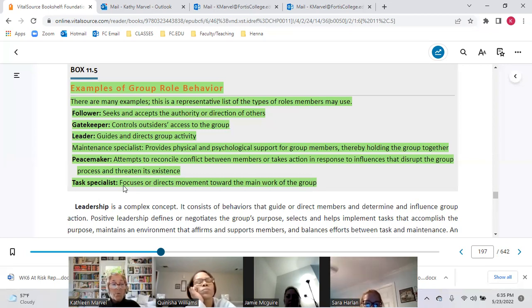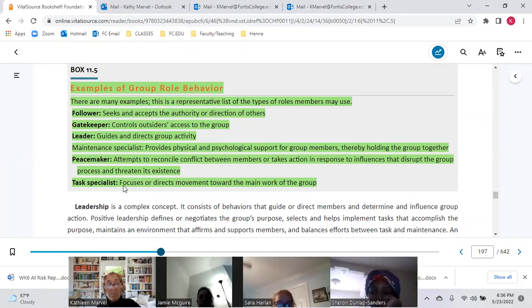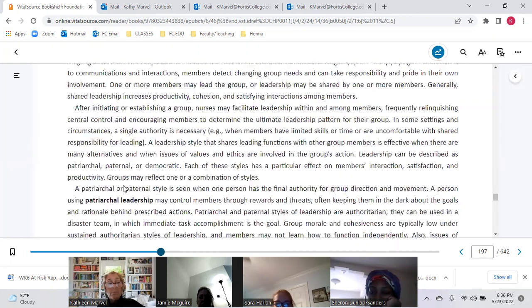There are different roles in groups. Okay, there's follower, gatekeeper, leader, peacemaker, task specialist. And see, for me, I like to be the leader in the group. I like to guide and direct the activity. Okay, does everybody have a place where they can see themselves fitting in these roles and groups? Yes, ma'am. I want to be the leader. Sorry, I just do.